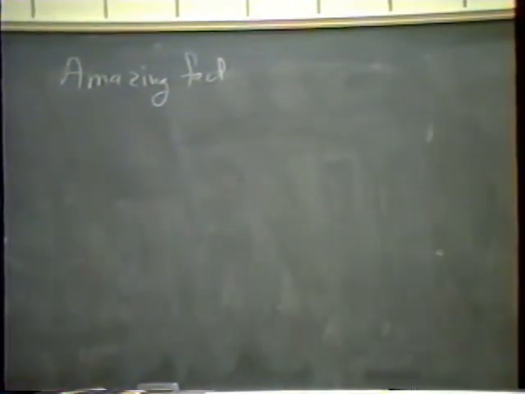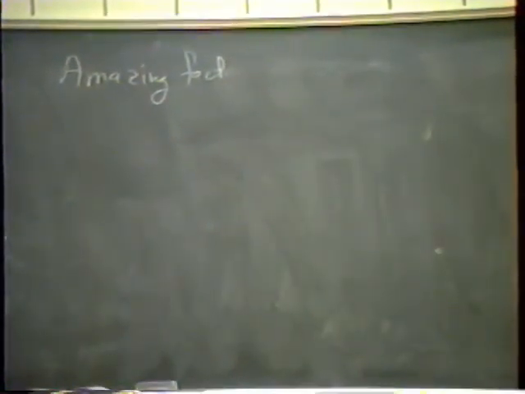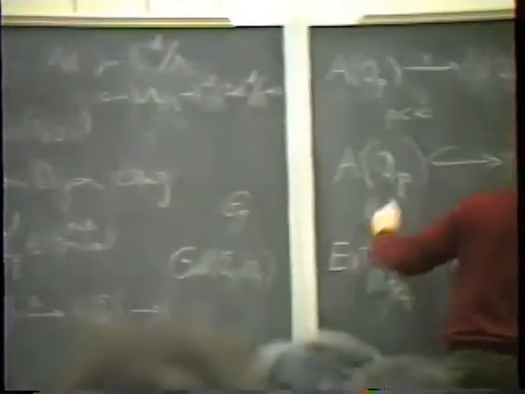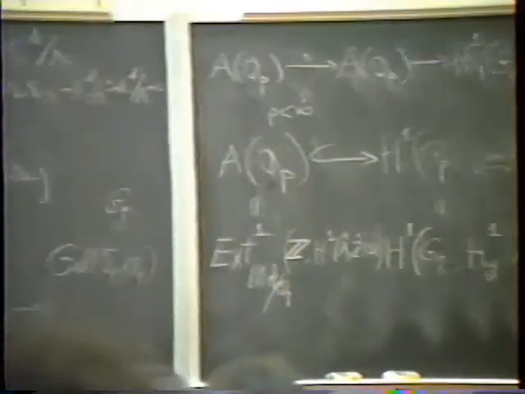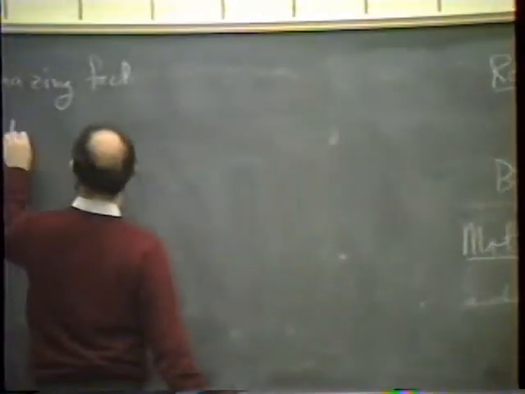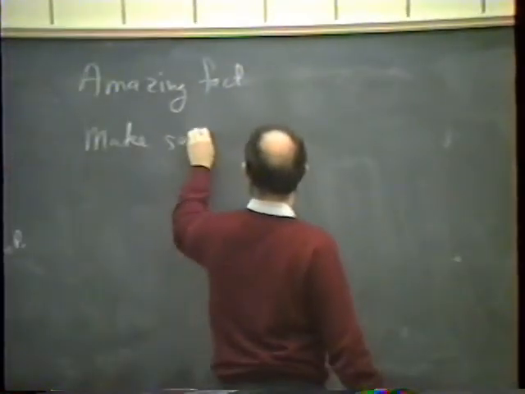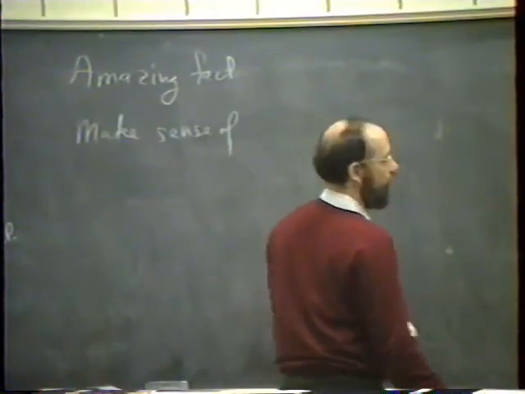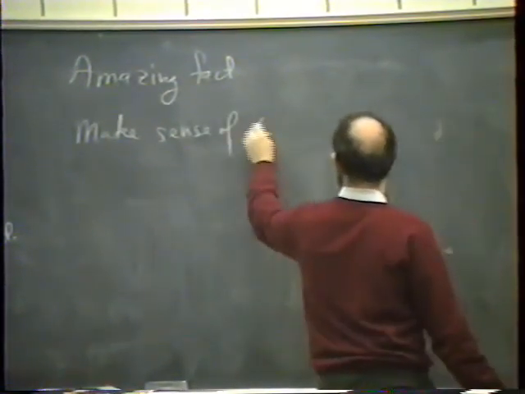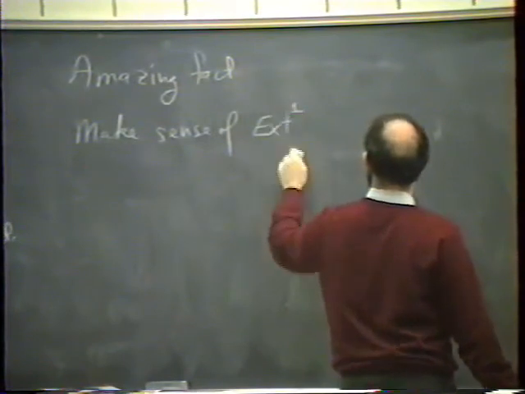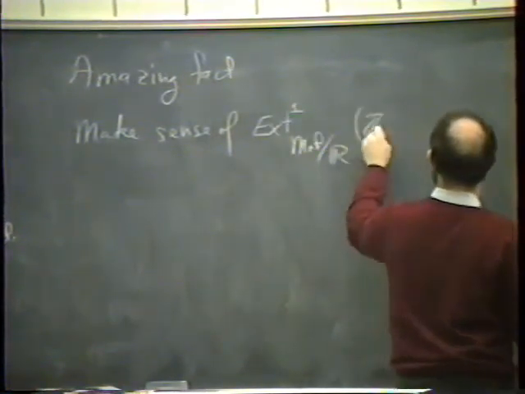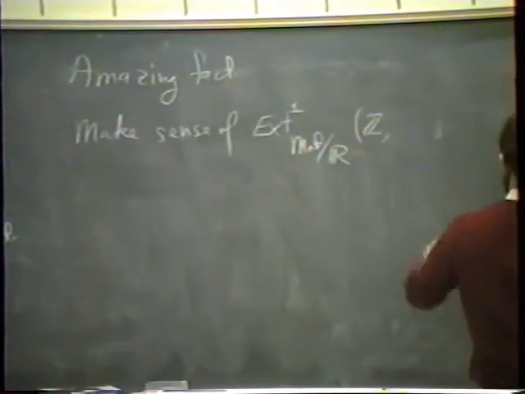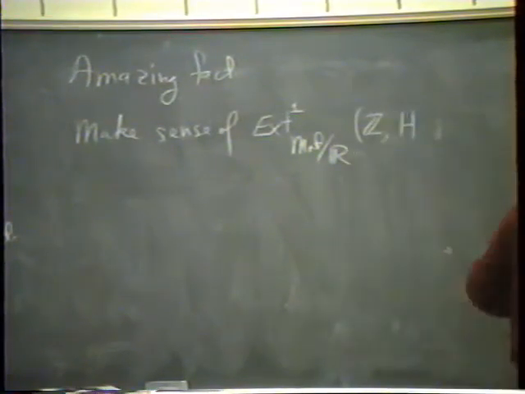I guess for this discussion here, I'm thinking of p less than infinity, but we can also make sense, if time permits, I'll explain how, of the corresponding X1 of motives over R of Z by H. And now let me shift.